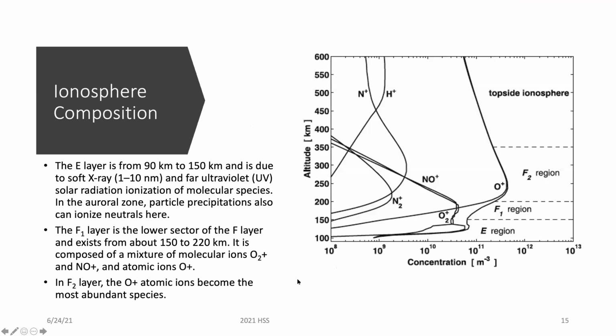Okay. Now let's dig more into the ionosphere composition. The ionosphere is the ionized part of the thermosphere. So we have already learned about the thermosphere composition. Now we can understand the ionosphere composition. We can start from the F region.